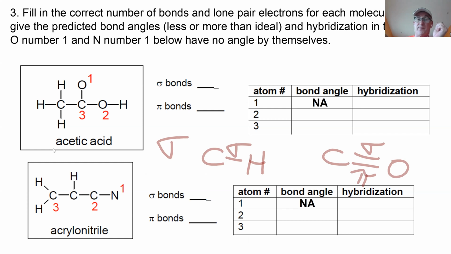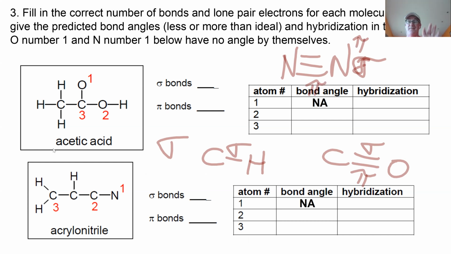If we have a triple bond, like between 2 nitrogens, then we have a sigma in the middle and a pi on top and a pi on the bottom. So sigma and 2 pi's. But the first bond is always sigma, okay?